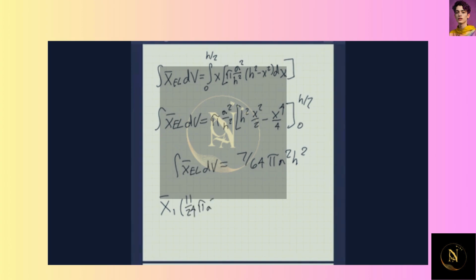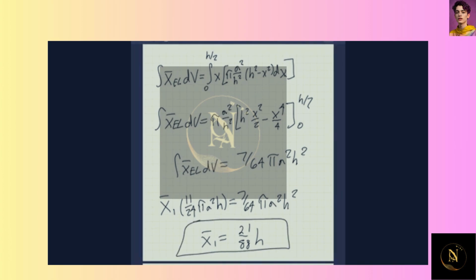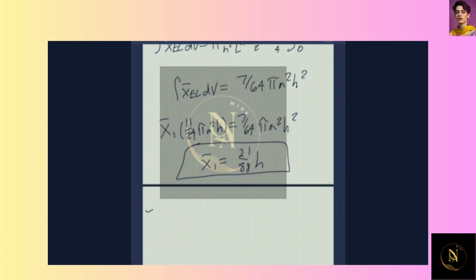So the centroid of the first component times the volume we just found, 11 over 24 pi a squared h, is equal to 7/64 pi a squared h squared, and the a squareds will cancel and we'll be left with the centroid in terms of h, which we get to be 21 over 88 times the height of the semiellipsoid for the answer for component 1.